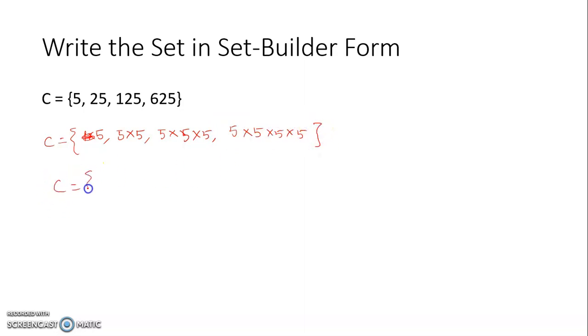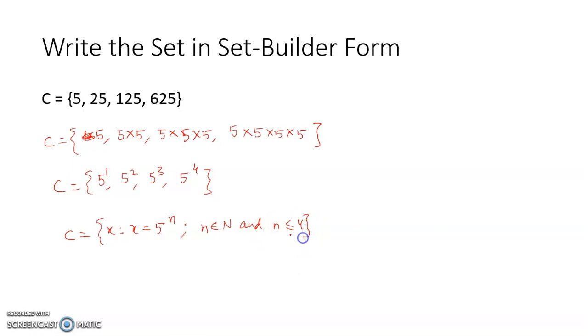So it is how it is happening: 5 raised to the power 1, 5 raised to the power 2, 5 raised to the power 3, 5 raised to the power 4. You can simply see that. So how would you write it? x such that x is equal to 5 raised to the power n, such that n belongs to N, n is a natural number, and n is less than or equal to 4.